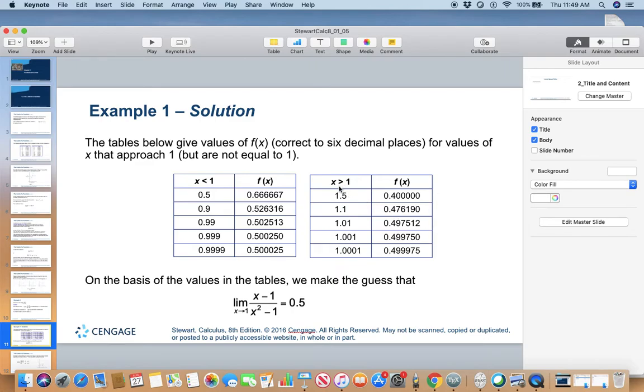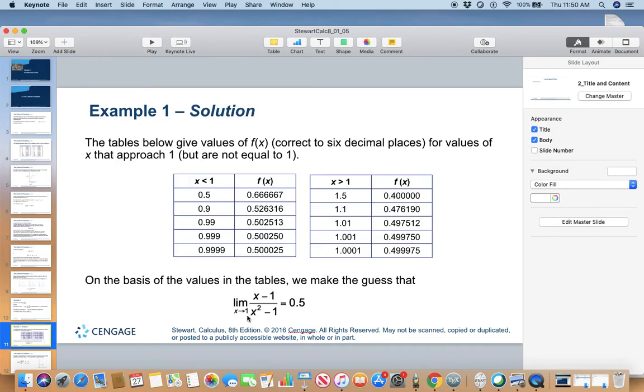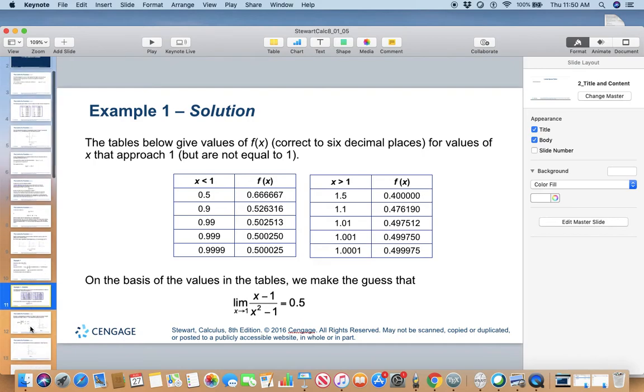When x is greater than 1, my values of f(x) are 0.4, 0.47, 0.49. So I'm getting closer again to 0.5. On the basis of these two tables, we are guessing that the limit is 0.5. The limit at 1 exists, but the value does not exist, okay?